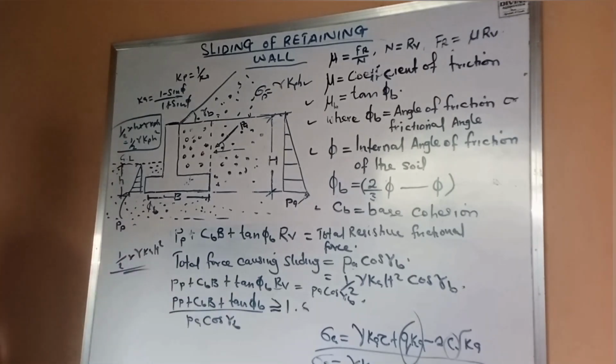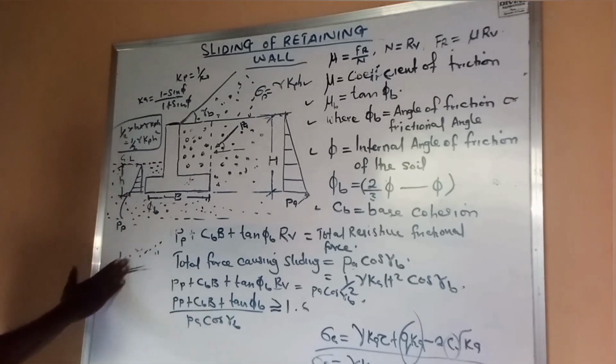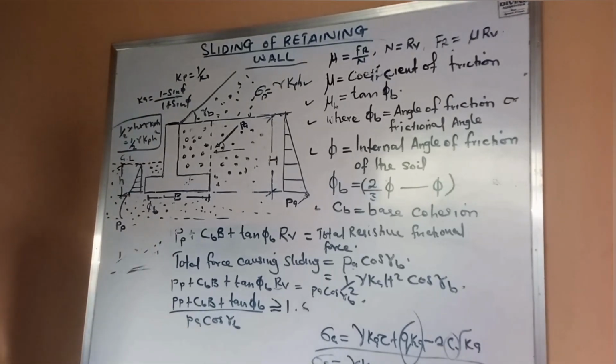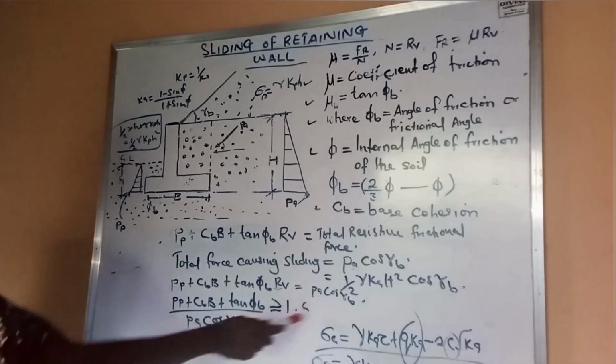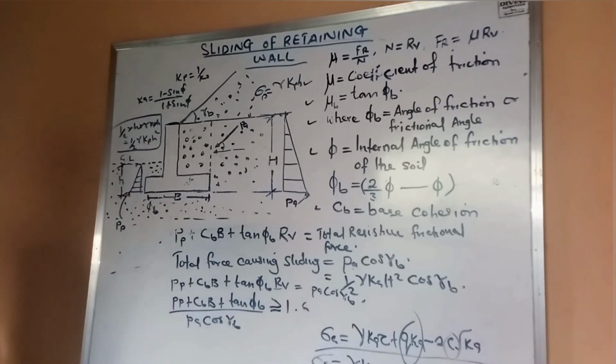That becomes a force also. But we're not going to do that since we are just trying to obtain the expression for the factor of safety against sliding. All right, so this brings us to the end of the lecture, talking about the factor of safety against sliding.